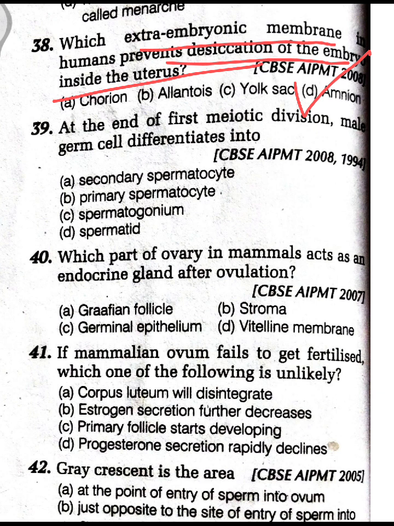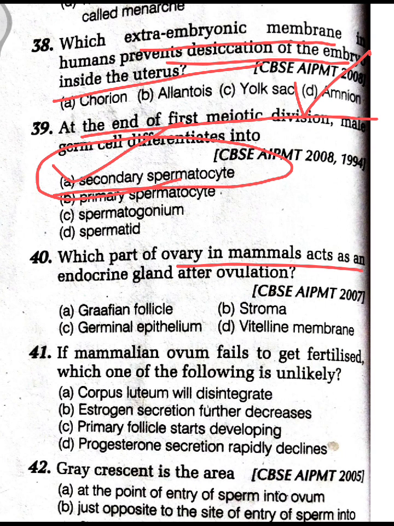At the end of first meiotic division, male germ cells differentiate into secondary spermatocytes. Option number is the right answer. Which part of the ovary in mammals acts as an endocrine gland after ovulation? It is the corpus luteum, which is formed from the Graafian follicles. Option number is the right answer.